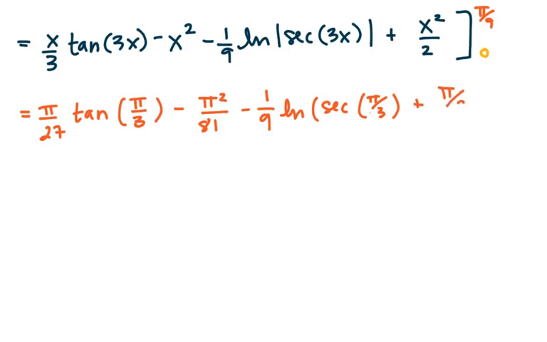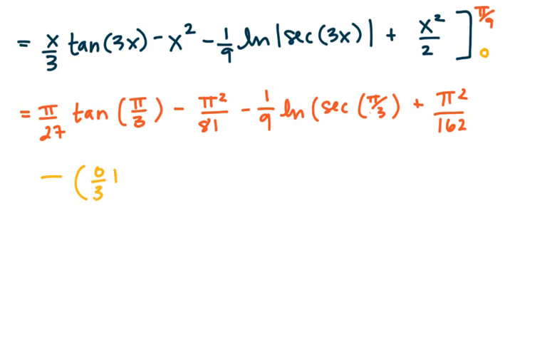Plus pi over 9 squared divided by 2. Pi over 9 squared is going to be pi squared over 81. And then you take that 81 and multiply it by 2, because of the divide by 2, you're going to get 162. So this becomes pi squared over 162. So that's my first piece. And then I'll have minus 0 over 3.